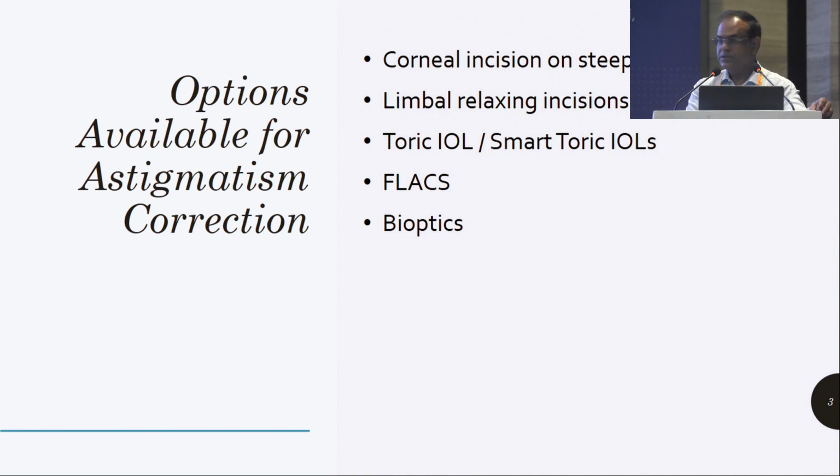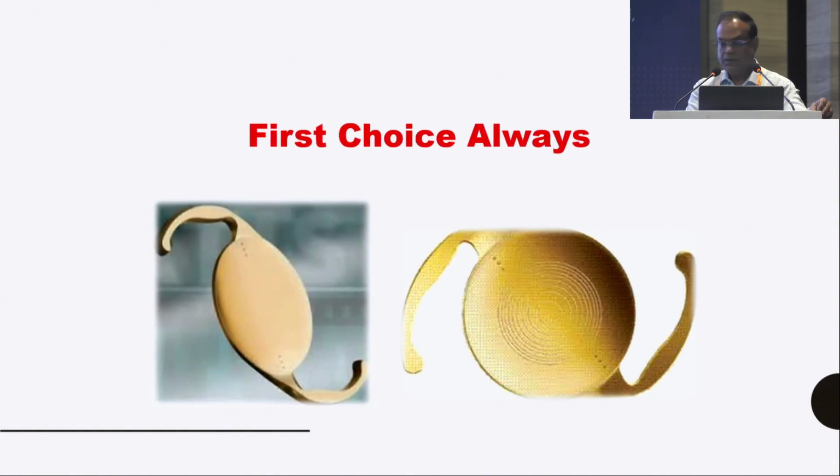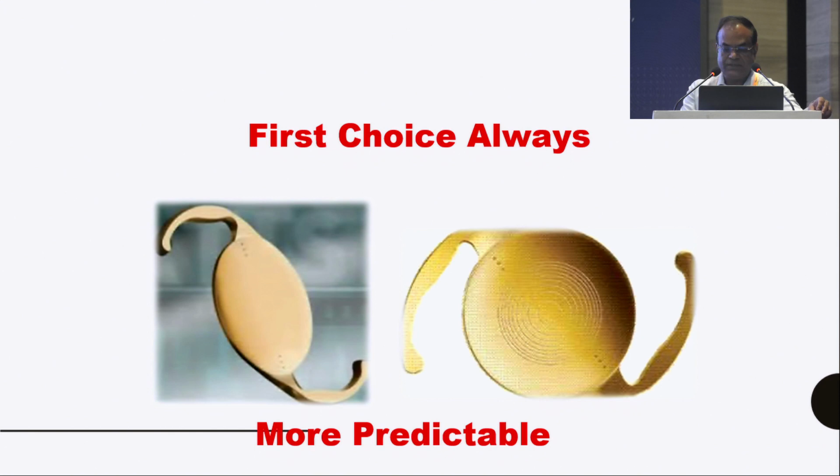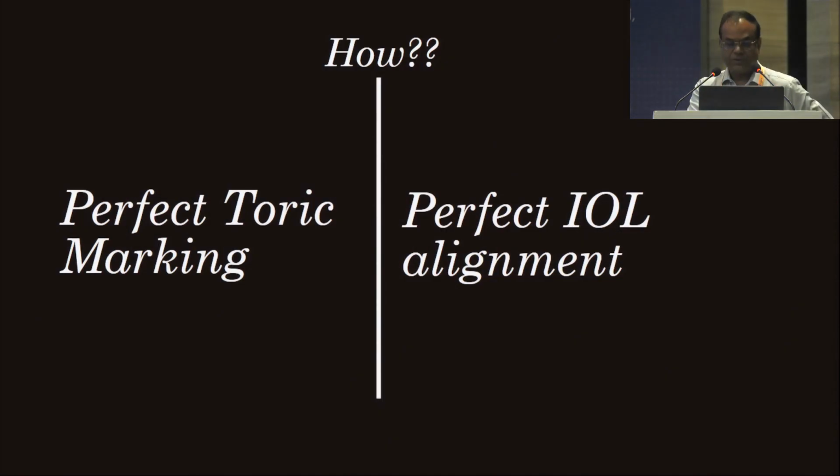These are the options available for corneal astigmatism correction. But the first choice, which is always more predictable, is the toric IOL. Though we have the laser in our hands, toric is still the first choice.